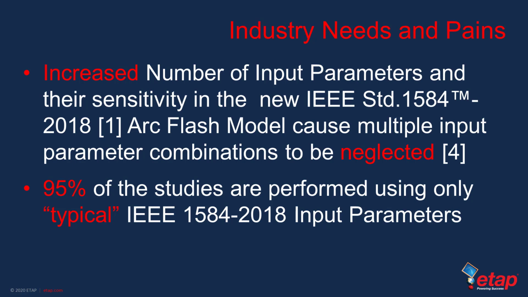However, in many cases, variations in these input parameters cause the arc current and incident energy to operate in regions or forms that are not typically expected. As we will see during this webinar, the C area plots allow us to see the arc flash incident energy from very different perspectives.